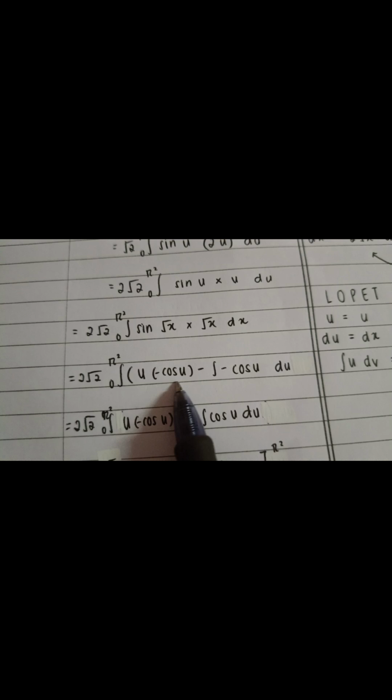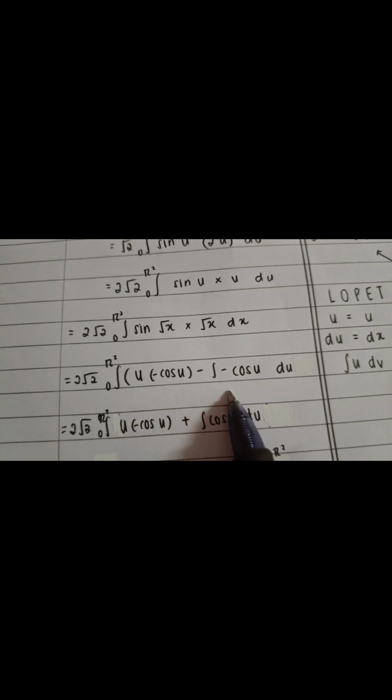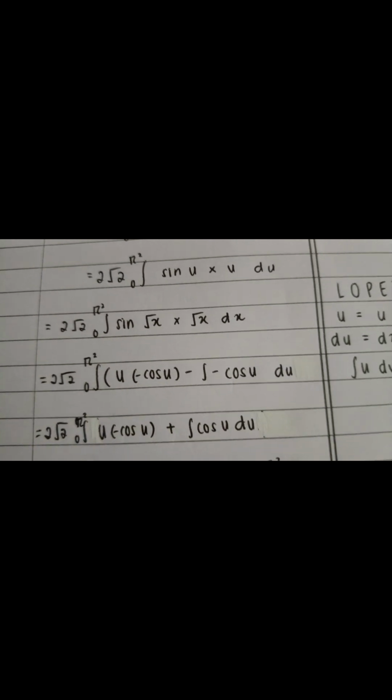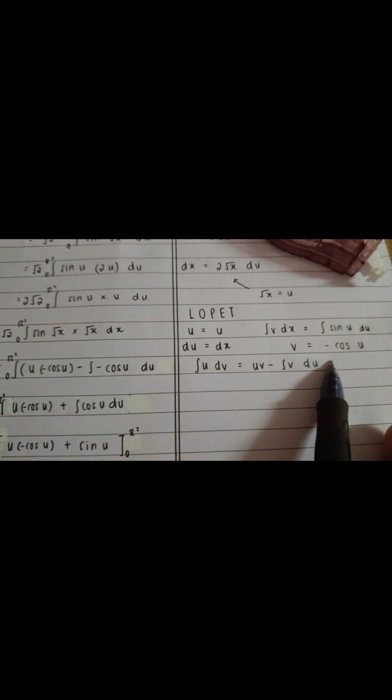You will get, this is u, this is our v, minus integral of our v du. Now look at the formula and our equation. u is u, v is negative cos u, and minus integral of negative cos u du, which is v du.